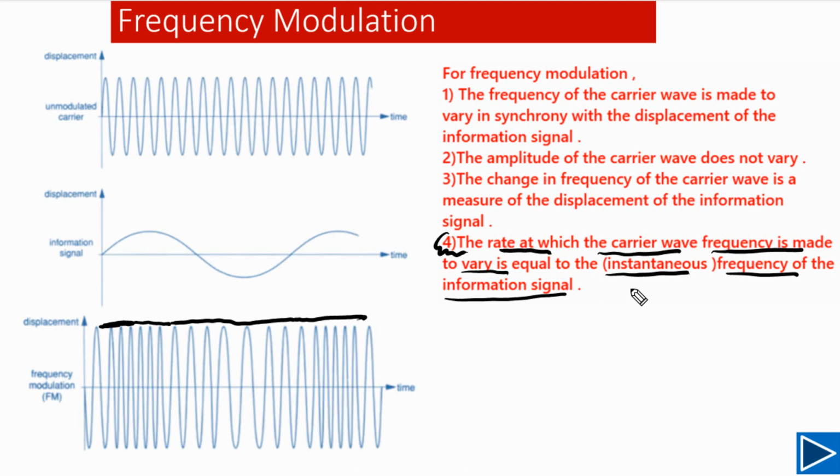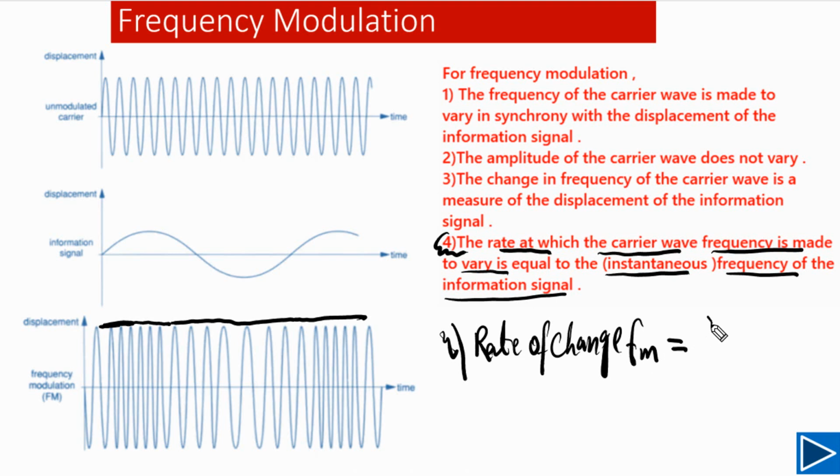If the signal has more than one frequency, it will depend on the instantaneous frequency of the signal. So this is simply what we mean by rate.